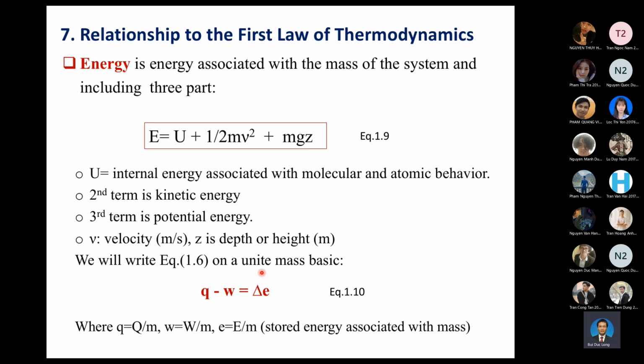Based on units, big Q minus W equal to delta E. Here we divide big Q by mass, so we will have small q minus small w equal to delta e, where delta e is energy per mass.